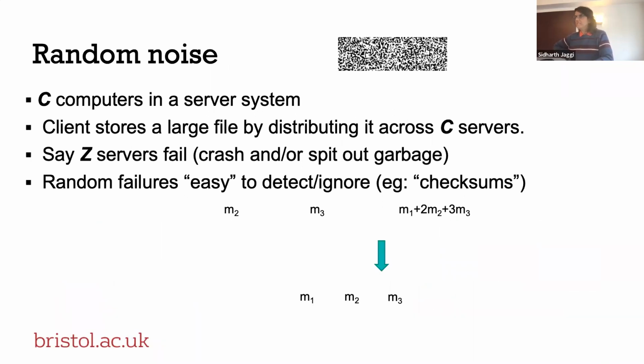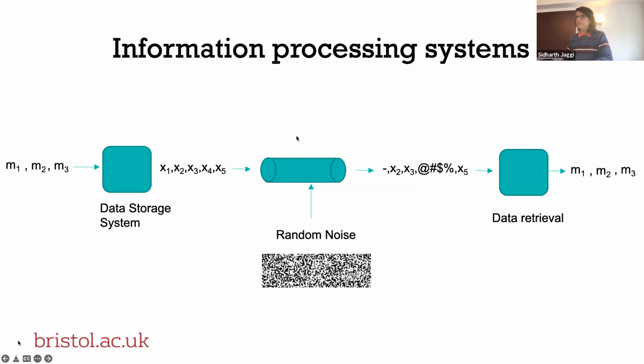And basically, to abstract it away, to put it in the language of an information processing system: if you have 3 pieces of information, you've added some redundancy, made it into 5 pieces of information, and some random noise happened. Then from these observed pieces of information, once you throw away what is obviously incorrect or not available, you can retrieve the data from it.